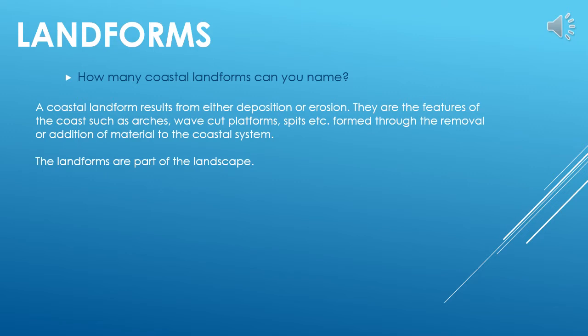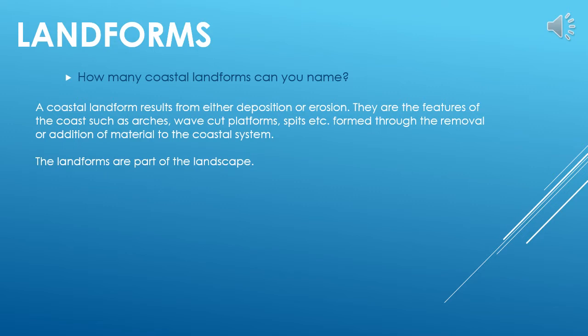So we've looked at some landscapes, we've analysed some landscapes. So what is a landform? Now, a landform is formed from either deposition or erosion. They're the smaller features, so for example, arch, wave cut platform, spit, it might be a beach, a headland, a bay, a cove, a stack.